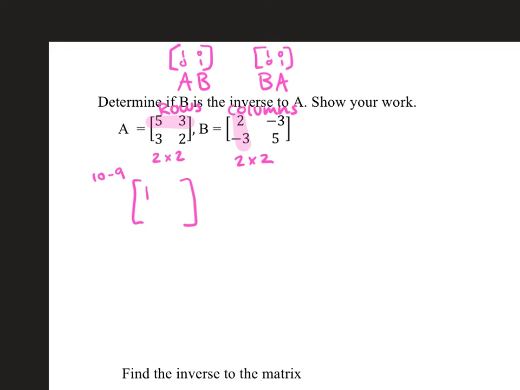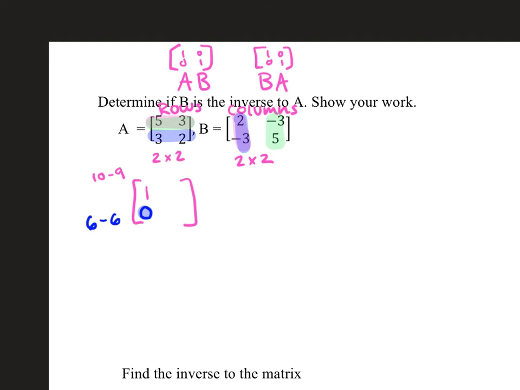Where do we go next? The second row, first column. Just keep in mind that it's going to go in the second row, first column spot. So 3 times 2, 6, and 2 times -3, -6. And 6 minus 6, 0. All right, where should we go next? First row, second column.